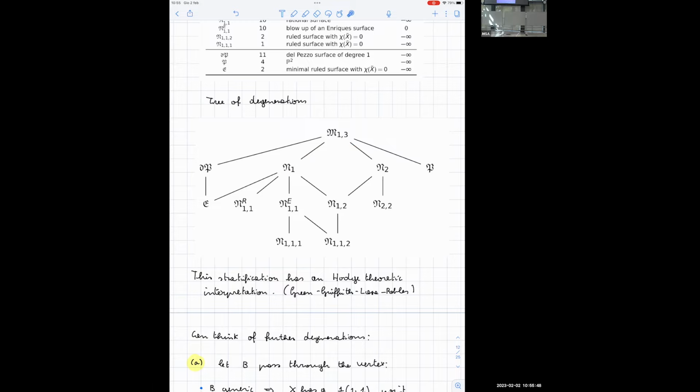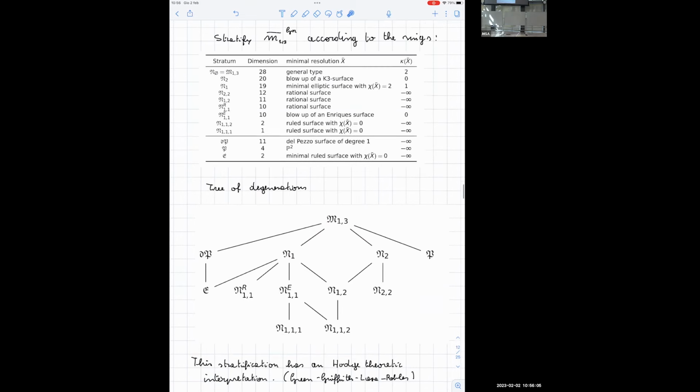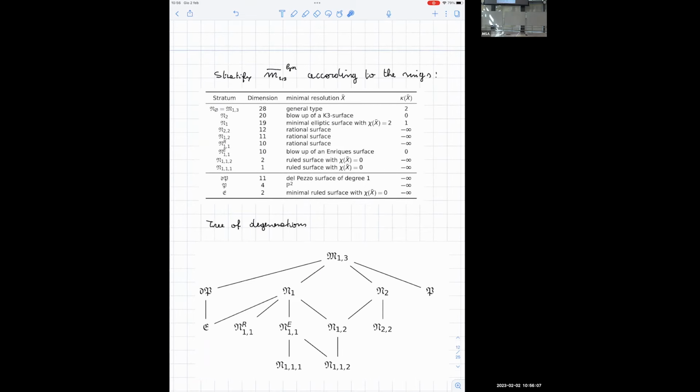Let me just stress two points. There is this interesting thing that for other combinations of elliptic singularities, you know what the minimal resolution is. For this type, two elliptic singularities of degree 1, you have two possibilities: either the minimal resolution is rational or it is birationally ruled.